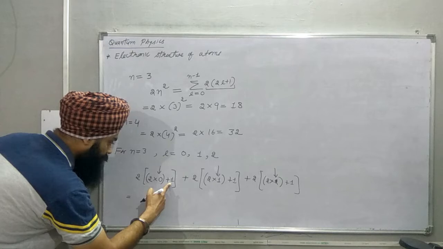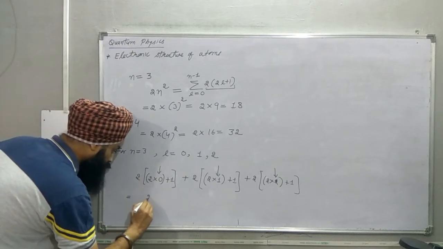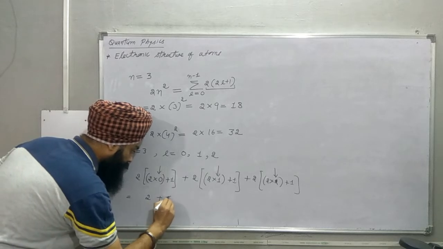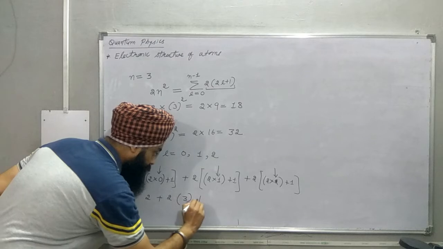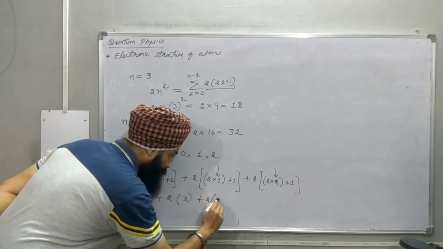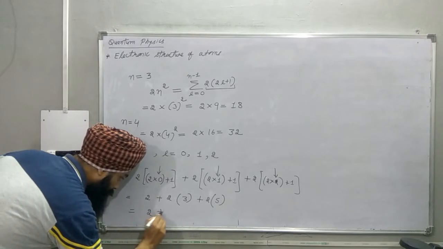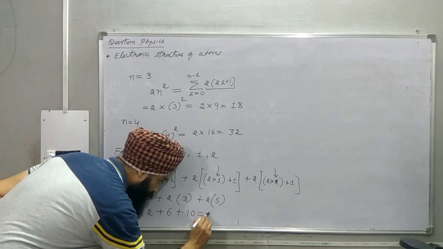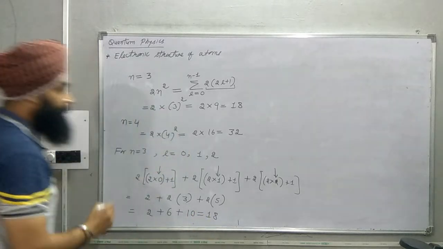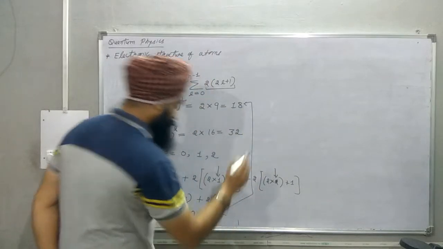This is 0, 0 plus 1, 1 into 2 is equal to 2, plus 2 into 3, plus 2 into 5. We have 2 plus 6 plus 10, which is again equal to 18, which is equal to this value.